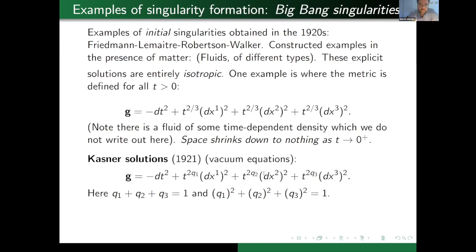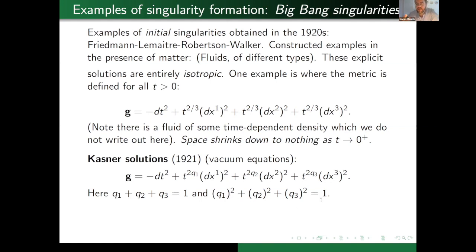And his explicit family is given by this. Okay, minus dt squared like that. That's somehow a gauge normalization. And then the three spatial directions behave according to these three different powers of t. And the Einstein equations impose two restrictions on these three parameters. So restriction 1 is this, restriction 2 is that.